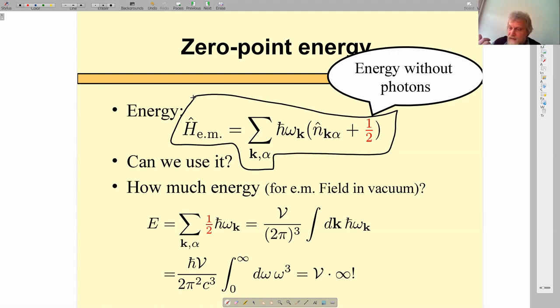There is some energy in this field, even in the absence of any excitations, in the absence of any photons. Can we use this energy? It is a very practical and instructive question.